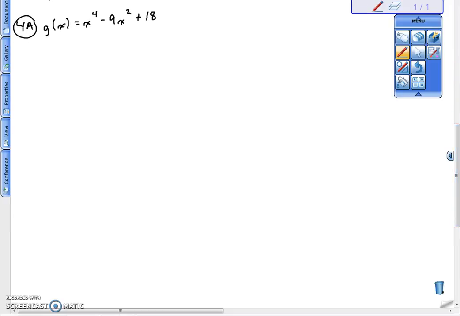And we can see pretty clearly that this is the same type of problem where, again, we're trying to find the zeros. We set it equal to 0 to make it a polynomial equation that we can solve. If we rewrite this with u instead of x squared, we can see that it is u squared minus 9u plus 18.